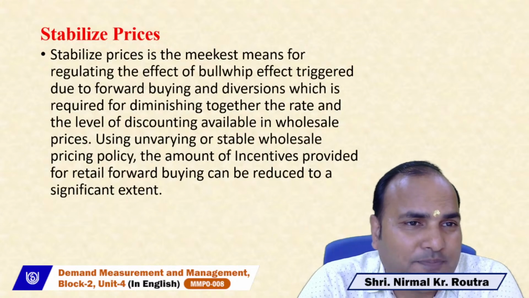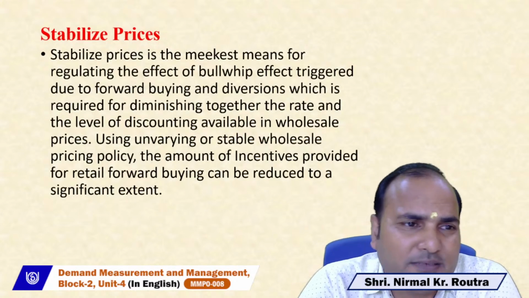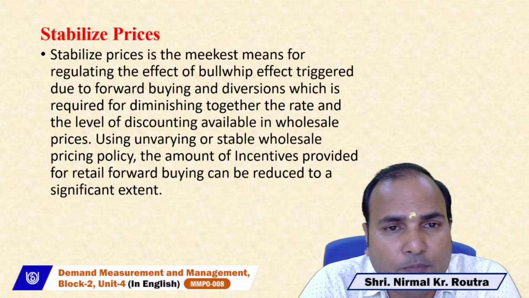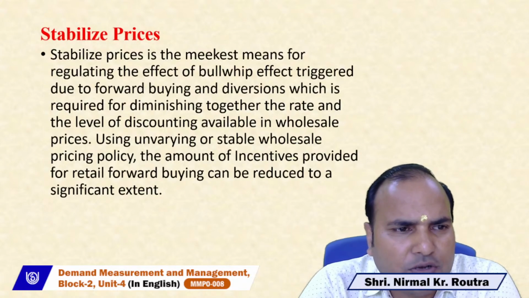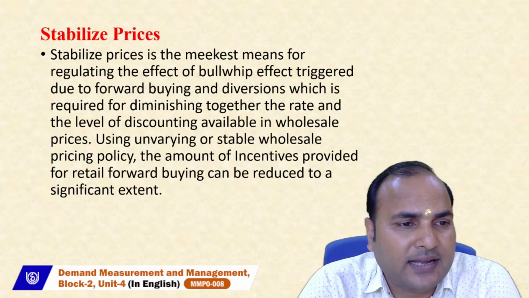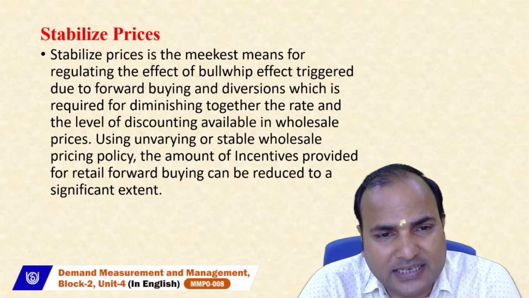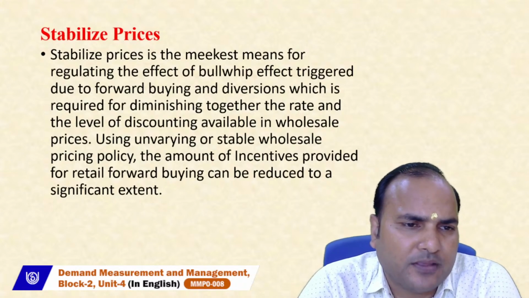Then stabilize prices. What is that? It is the meekest means for regulating the effect of the bullwhip effect triggered due to forward buying and diversions, which is required for diminishing together the rate and the level of discounting available in the wholesale prices.